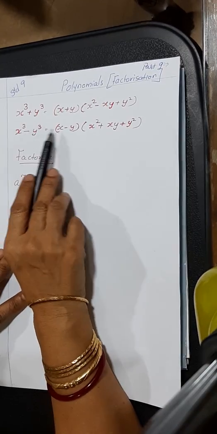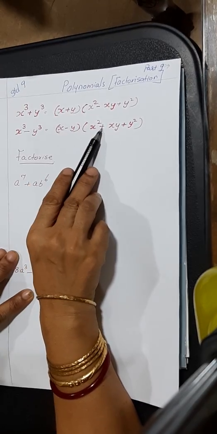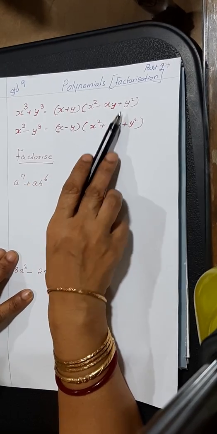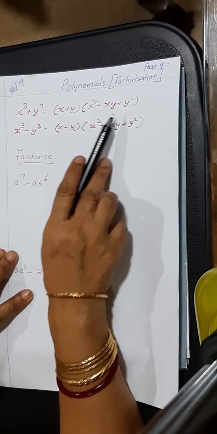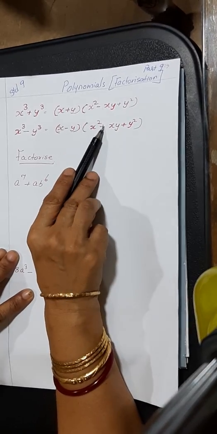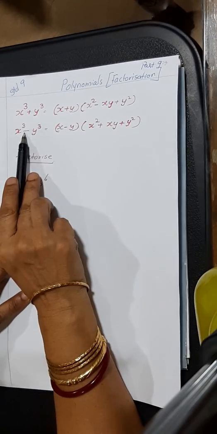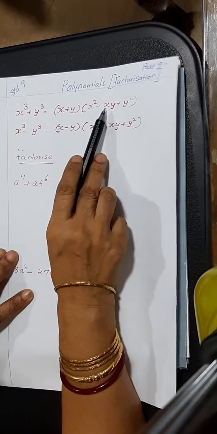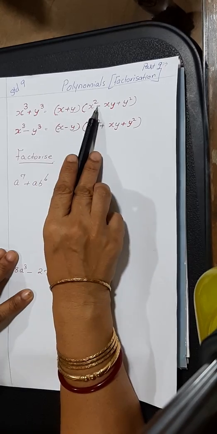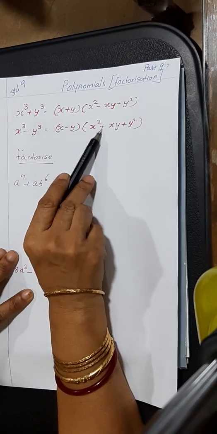Here it is minus, so you will have minus here, and this term will be plus, and this term will be plus only. There is change in the first term and in the middle term. If this is plus, this will become minus; if this is minus, this becomes plus. So it is very easy to remember.